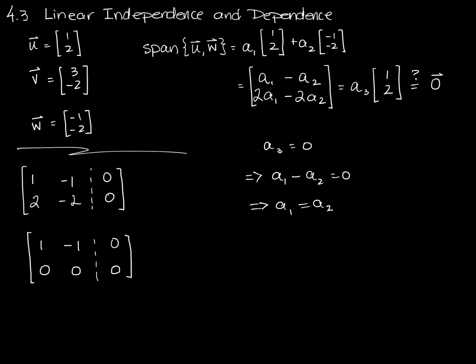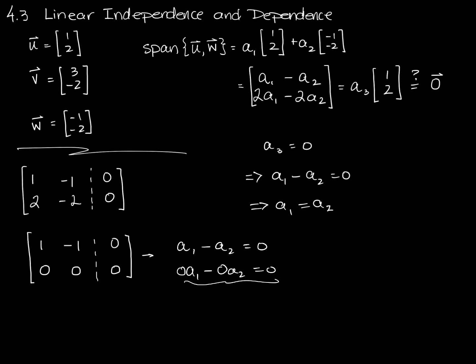And what I get here is, let's rewrite this as a system just so we can interpret it. You don't need to do that because this last all 0 row should tell you this, but I'm going to go ahead and rewrite it anyway so that we can interpret it. What this says is that my variables were A1 and A2 equals 0, and 0 A1 minus 0 A2 equals 0.